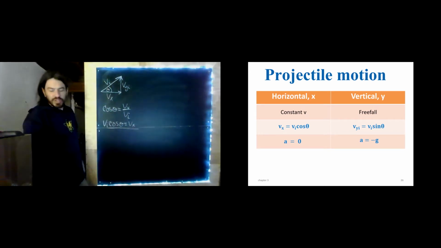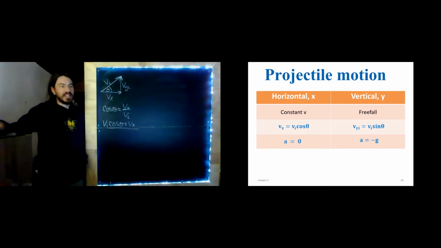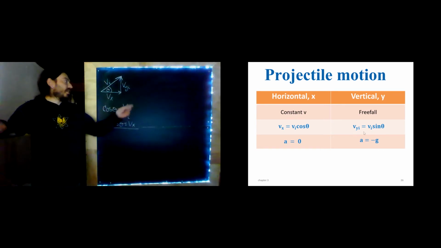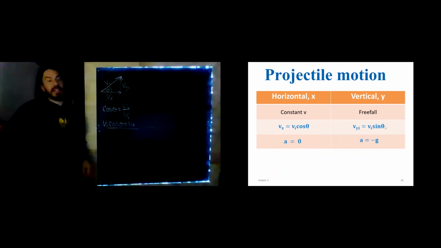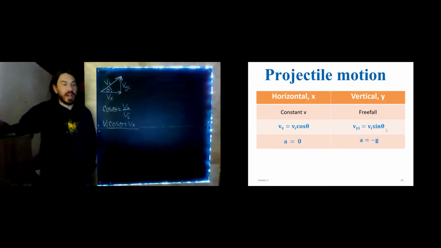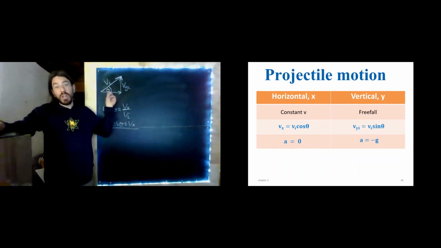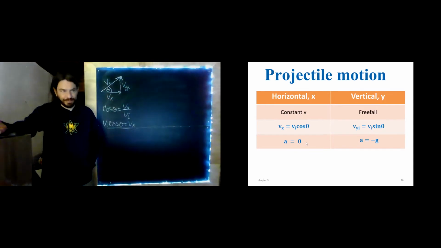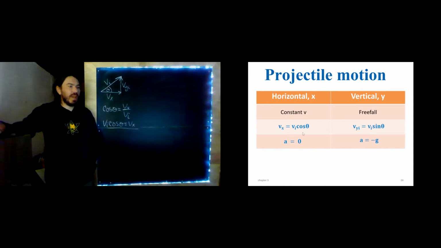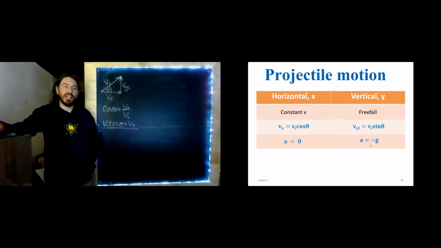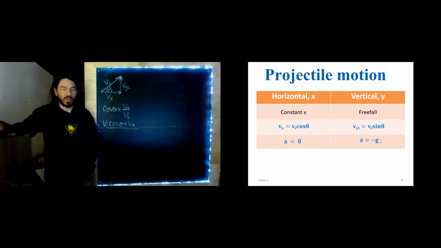And so again, I'm just solving that triangle. Similarly, Vy initial is V initial times the sine of theta. And we call this angle here theta, we call this the launch angle. In the x direction, we have acceleration equal to 0, and in the y direction, we have the acceleration is negative g, or negative 9.8 meters per second squared.